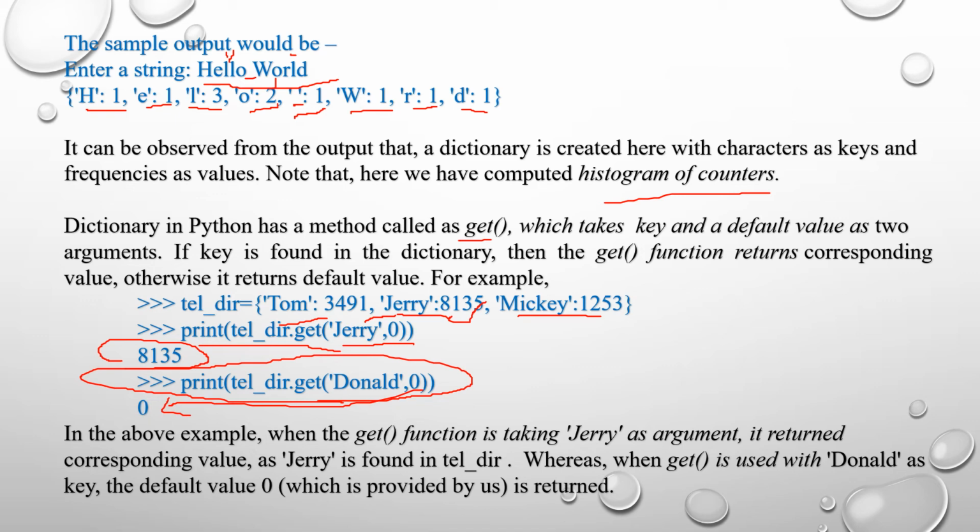So in the above example, when the get function takes Jerry as an argument, it returns the corresponding value, 8135, as Jerry is found in tel_dir. Whereas when get is used with Donald as a key, the default value is 0, which is provided by us.